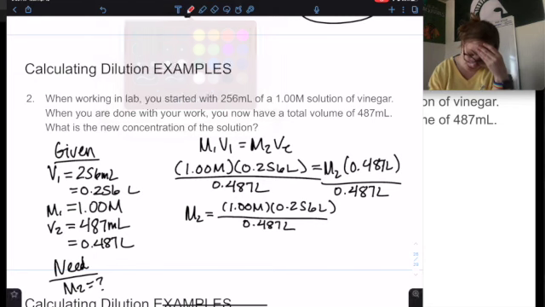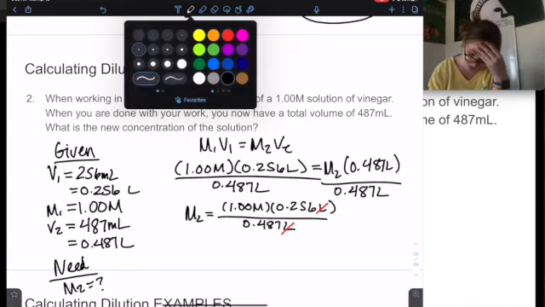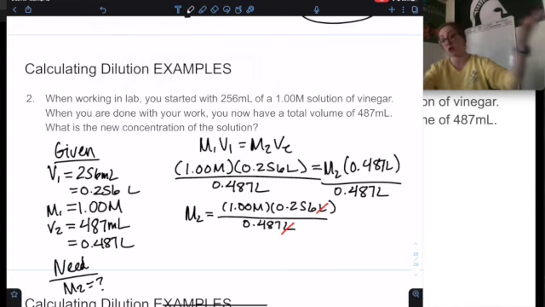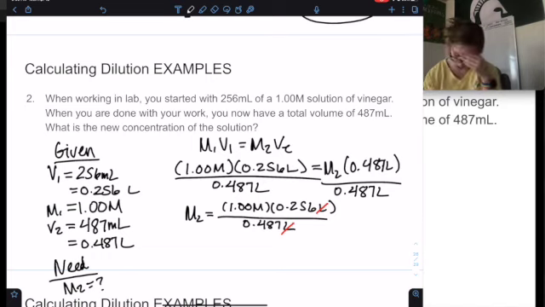Well, I have M2 by itself. I'm going to make sure I'm in a good place. It looks like I've got liters on top, liters on bottom. I'm left with molarity. It's what I'm looking for. Checks out.